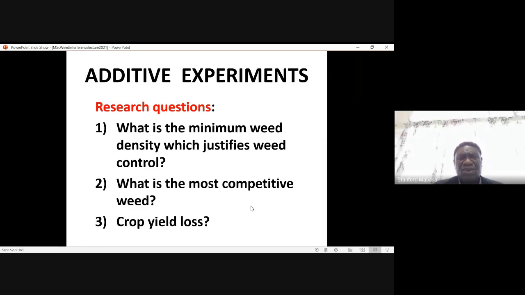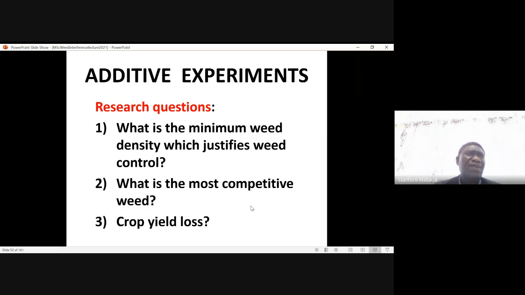For example, we want to know the minimum weed density which can justify weed control. If we see weeds in a field, do we just go and weed, or do we weed when we think it is necessary? So there's a certain density which can warrant weed control.